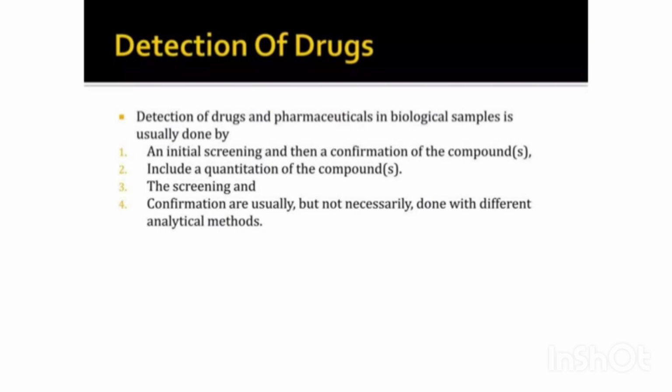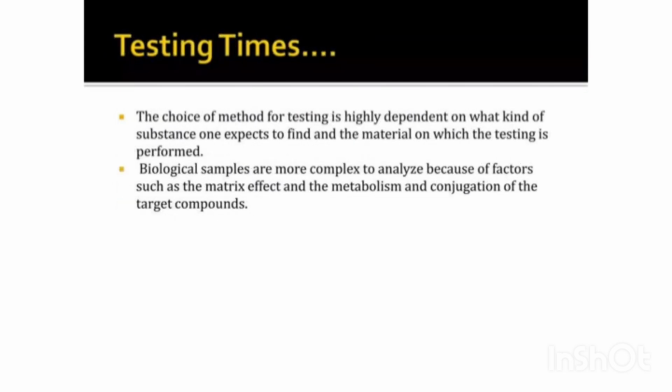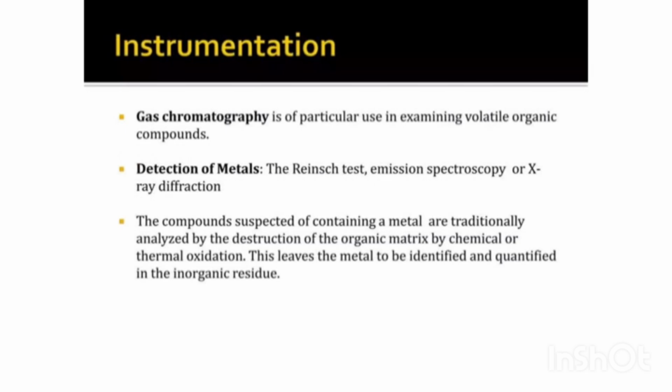Next is the testing time. It is highly dependent on what kind of substances we are going to analyze. Some factors can affect metabolism, so time is also important. For instrumentation, we can use gas chromatography.